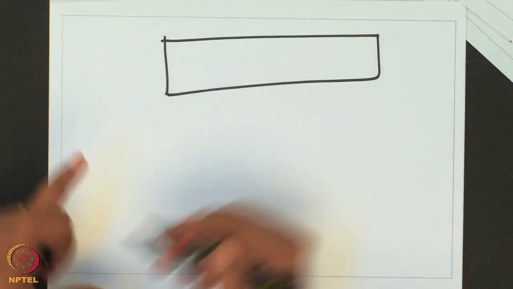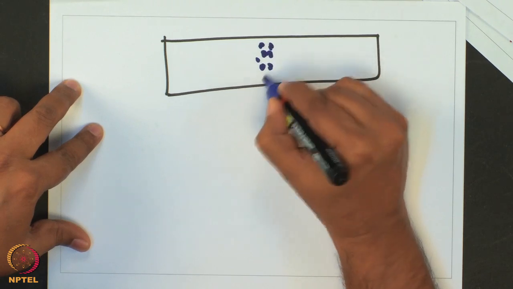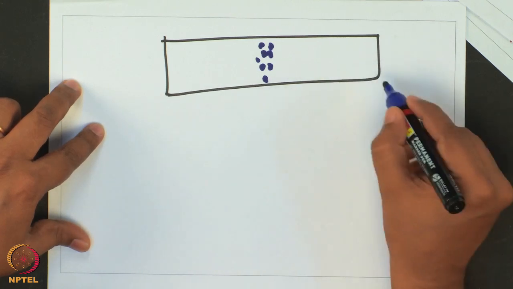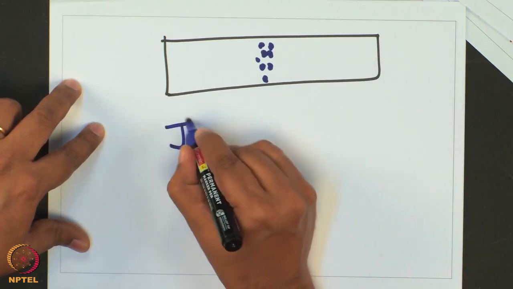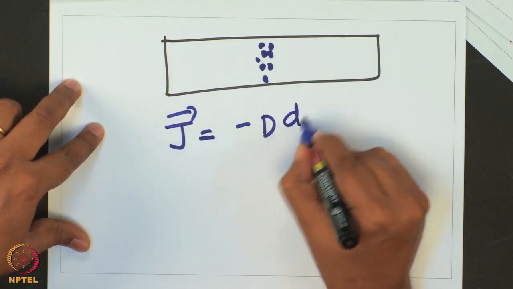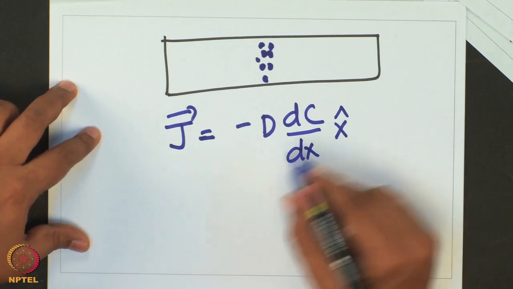Now, what do we know? We know that the flow, the current, is something that we have already computed. If there is a concentration gradient, a very high concentration at one place and very low concentration at other locations, we know that there will be a current J, and this current is given by minus D dC by dx x cap in one dimension.